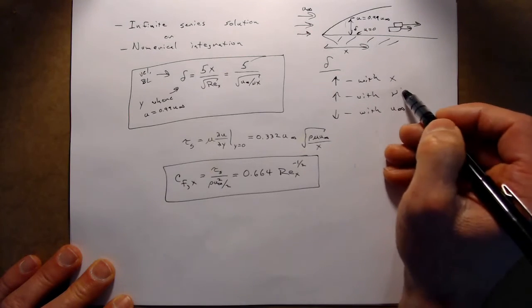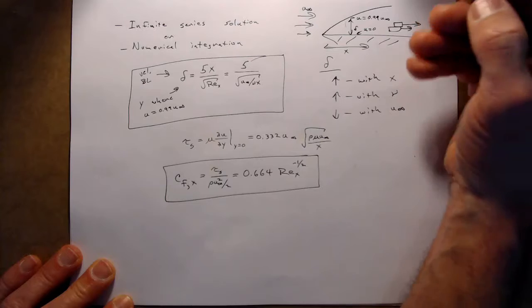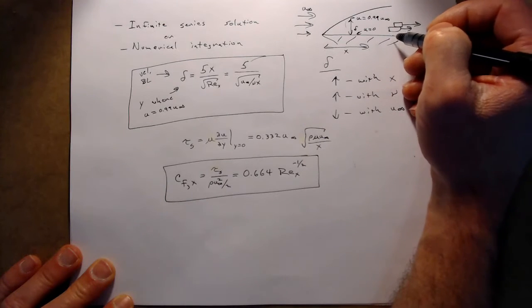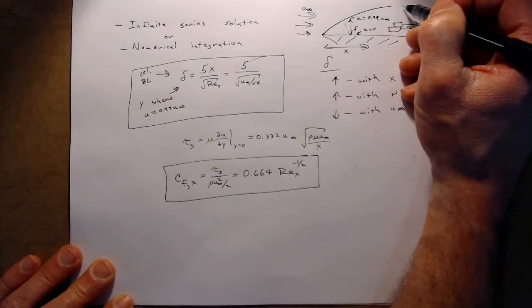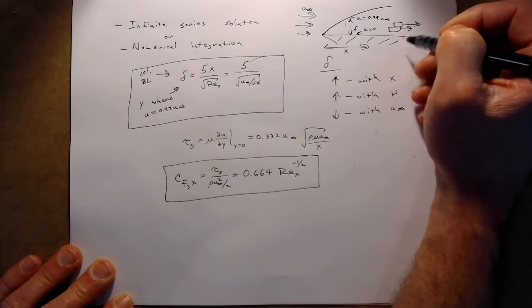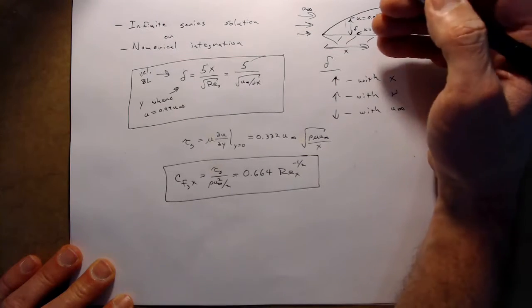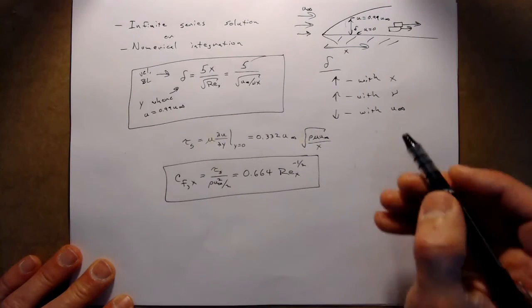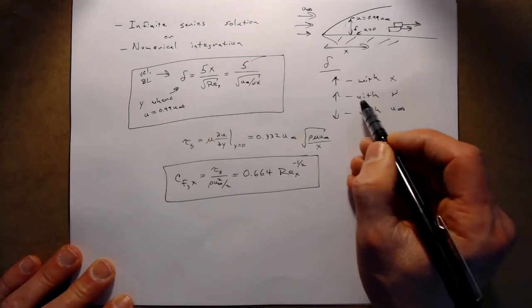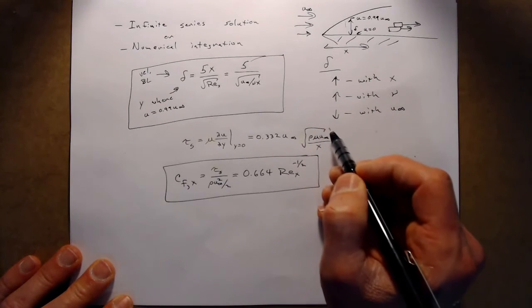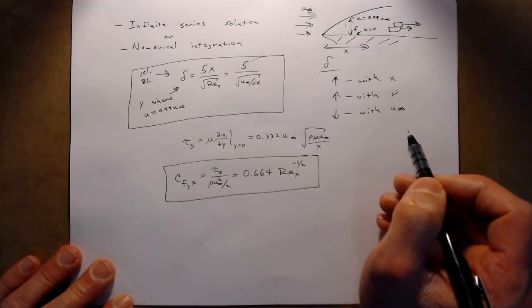And so as nu increases, we would expect that the surface would be more effective at pulling momentum out of the flow, at slowing down the flow further and further away from that surface. So as nu increases, the boundary layer thickness increases, with all other things being constant.